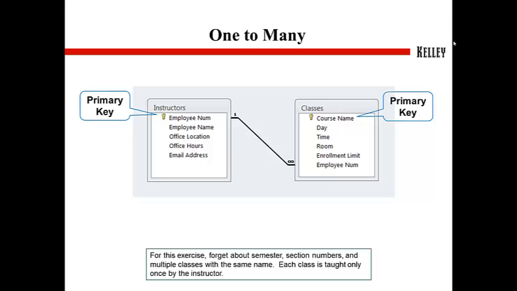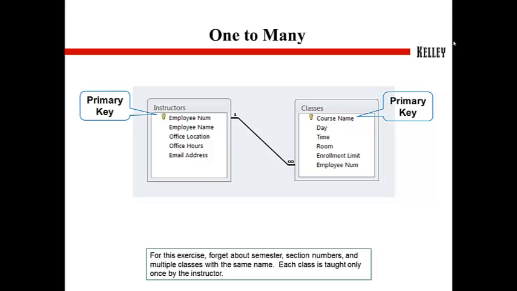The second kind of relationship, which is much more common, is the one-to-many relationship. And in this example, I have a table of instructors and classes. And each instructor teaches many classes, but each class is taught by one and only one instructor. Now you might be thinking, well, what about the different sections and different semesters and the 8-week classes?